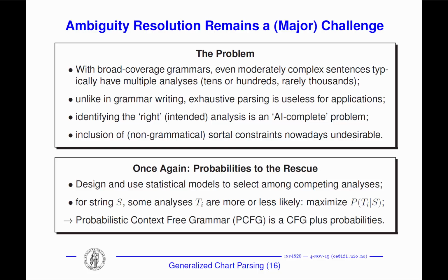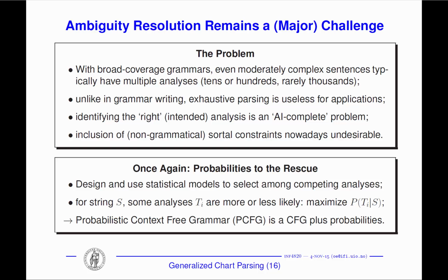But that was before we actually had the training data and the mathematical models to do probabilistic ambiguity resolution. To you, now 20 years later, it's not a surprise that we'll say, okay, this identifying the right analysis problem we'll approximate as the most probable tree. That's what we've been doing repeatedly.